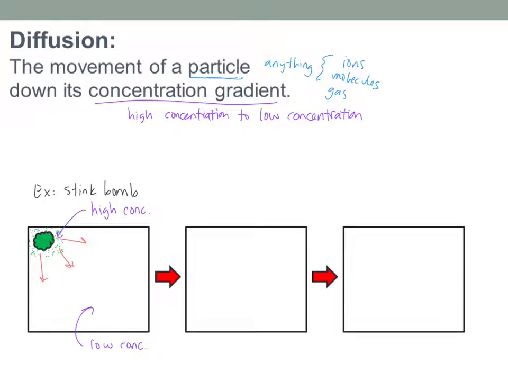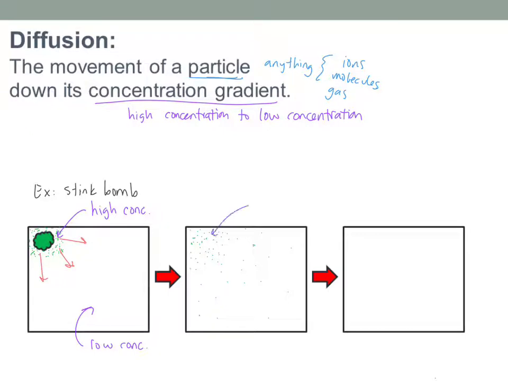And so that's what we mean by a particle moving down its concentration gradient. These green particles, these smelly particles, are going to move from high to low. At a future time, there may be lots of those smelly molecules in part of the room, but they're going to have started to spread out. So we have areas of low concentration and high concentration still.